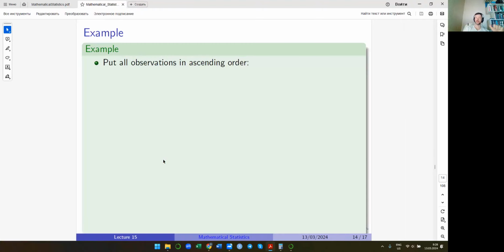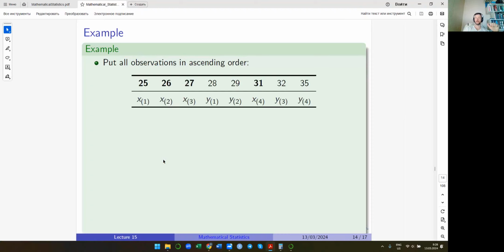So let's see on our example how the U statistic works. Again, I order all my observations. I put all my observations in one row. But now I specifically label from which sample the observation comes and what is the position of this observation.